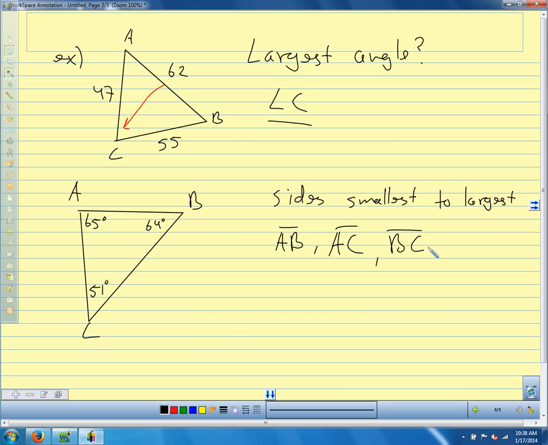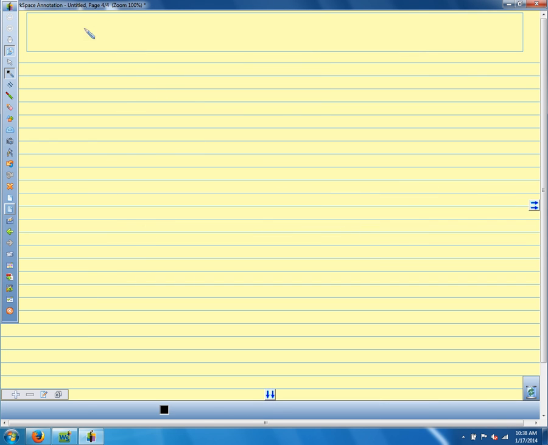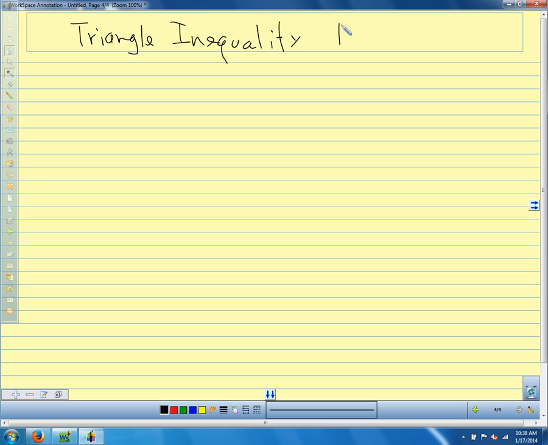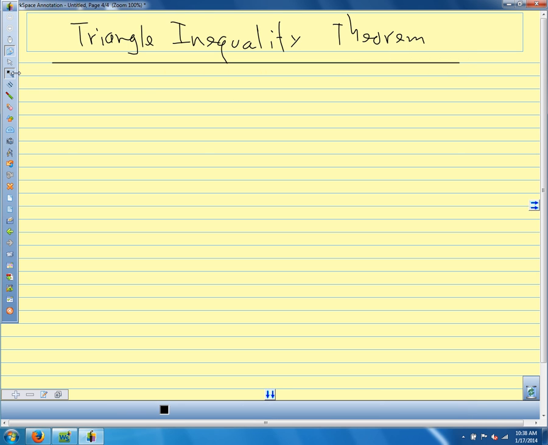Well, this leads us into our main thing, the big idea for this section, sorry, not the chapter, this section, the triangle inequality. The triangle inequality theorem comes up in a lot of different places.